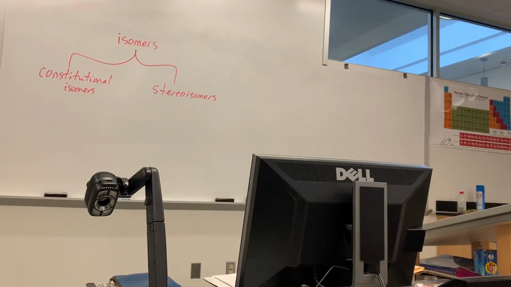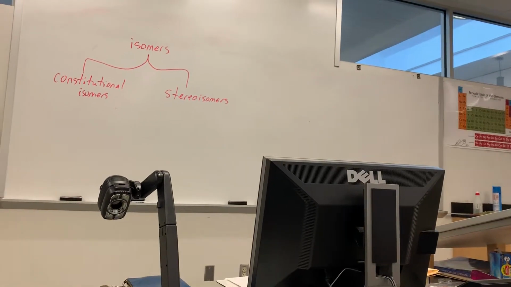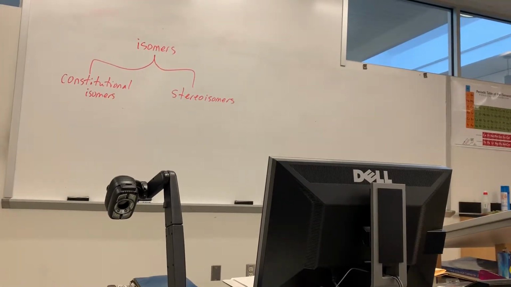Stereo implying something spatial, something geometric. They're different because of some geometrical reason. We have talked about one type of stereoisomerism, and that is cis-trans. Cis-2-butene and trans-2-butene, same atoms, bonded in the same order, but there's a geometric difference that makes them different molecules.